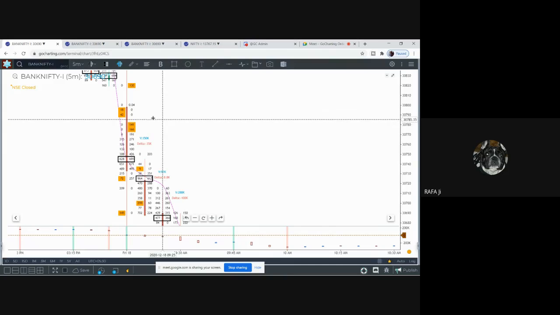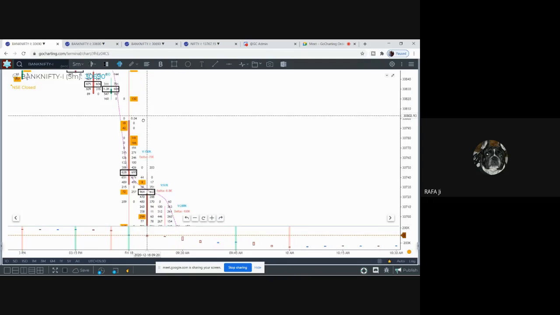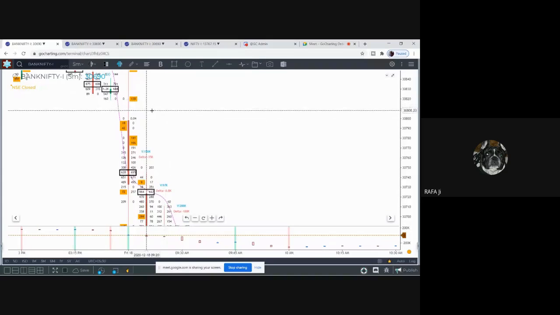The other part is, you also have to realize that when the market opens, there are a lot of traders who are trapped. Here it opens right there, but there are conditions when the market opens gap up or gap down, and there are traders who are trapped.